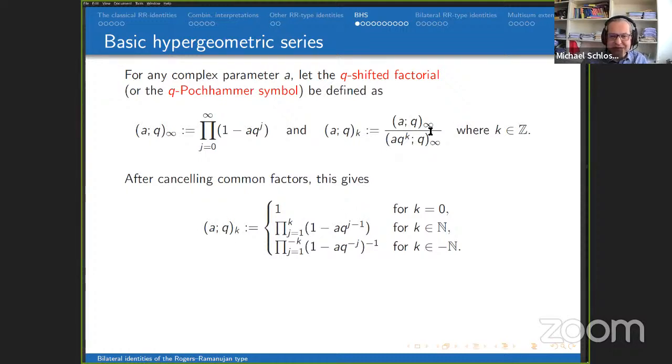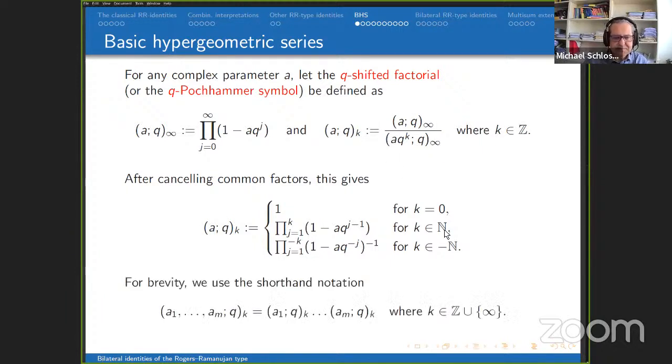So this definition is just this quotient of infinite products here.